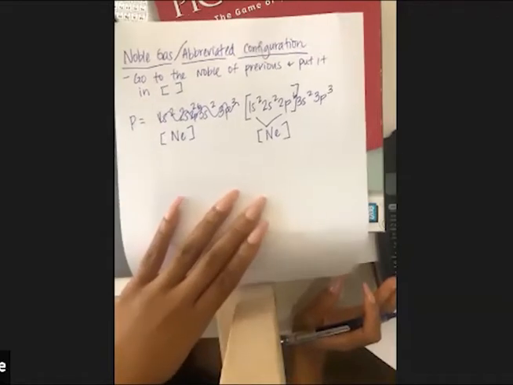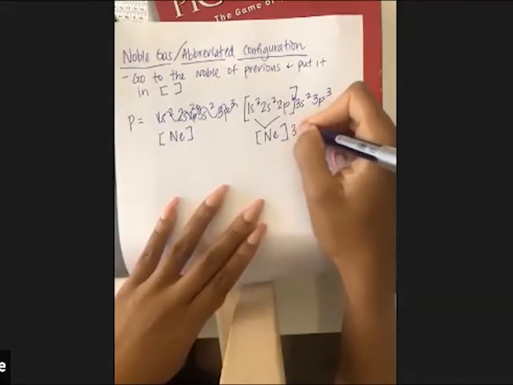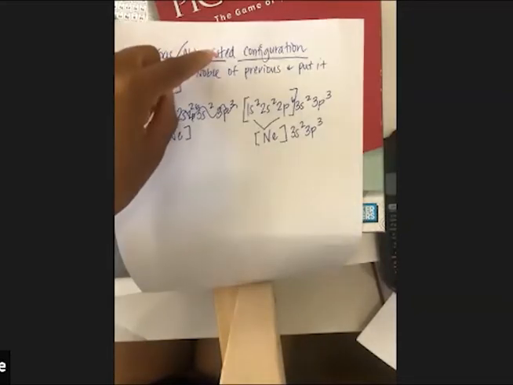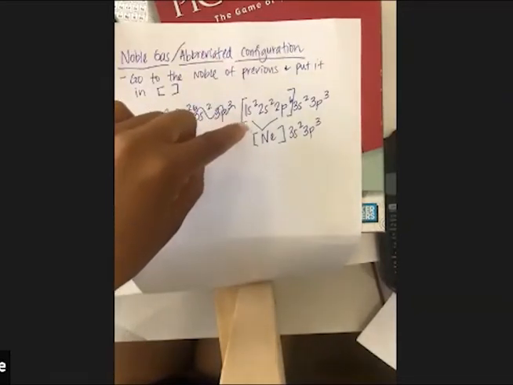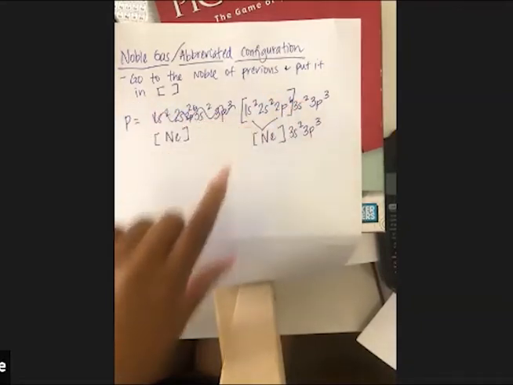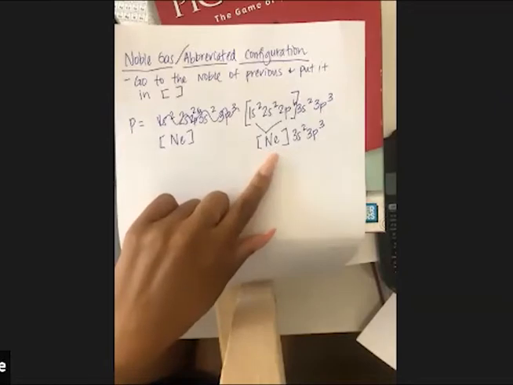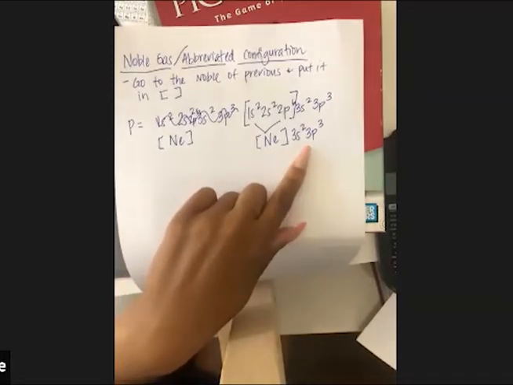So I can write neon in brackets and then just write the rest of it: 3s2, 3p3. That's why it's called the abbreviated version, because there's no point of being redundant and rewriting all this. Just know that these first couple of letters are neon, and then add this on, and that'll make it phosphorus.